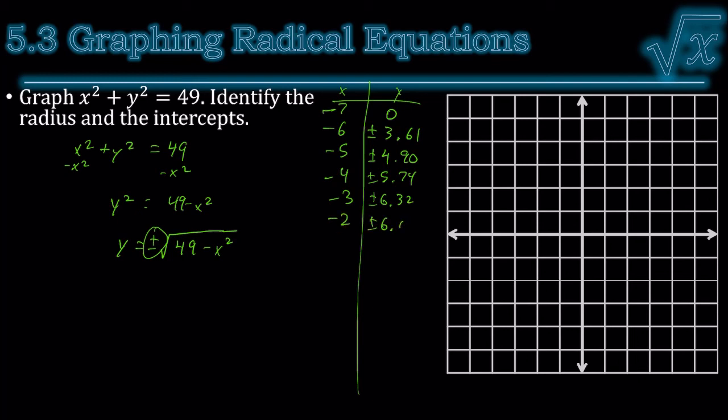Now you do not need to write out, sorry, that was a 7. You do not need to write out your table. So 6.92.